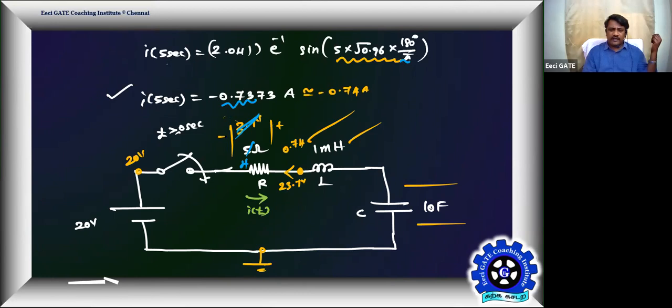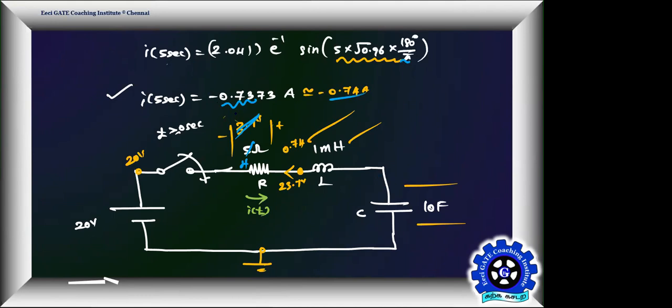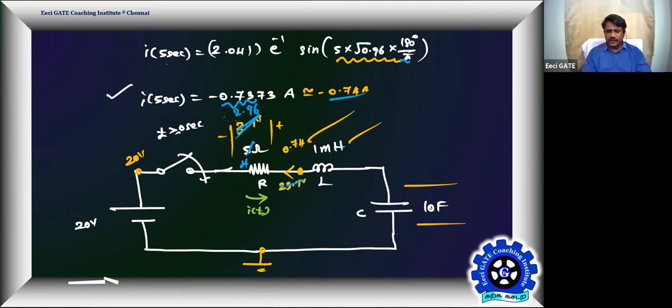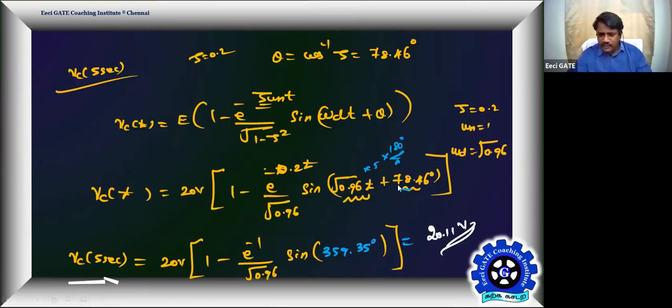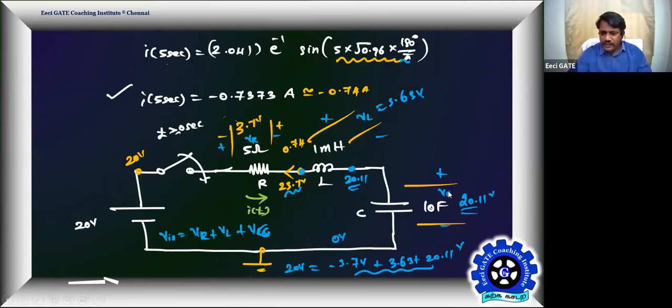It has to be 4 into 0.74, which is 2.96. Okay, that's fine. Then it is not going to be 23.7. It is going to be 22.96 volt. Then we are getting this potential. Okay, 20.11. So this is different.